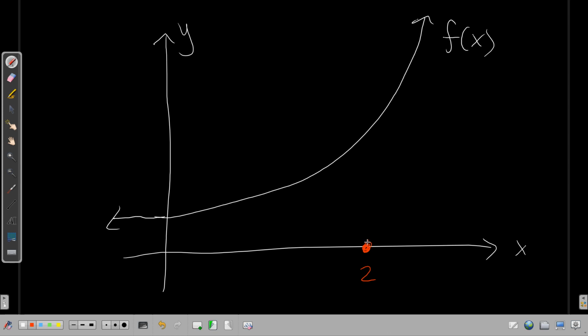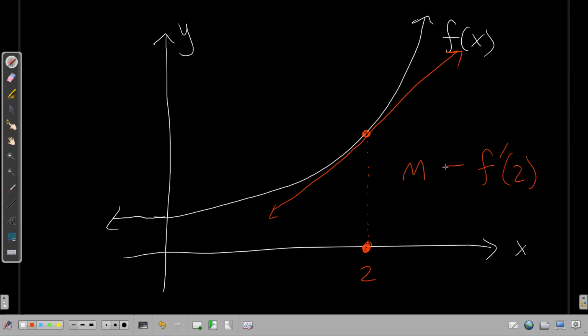But right here, when x is 2, I can find the derivative of f. If I found the derivative of f, here's the derivative of f. If I evaluate it at 2, then I will get the slope of this line, the tangent line.